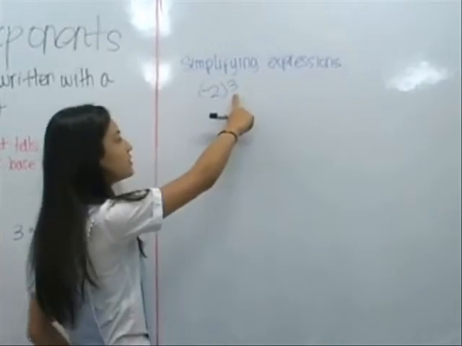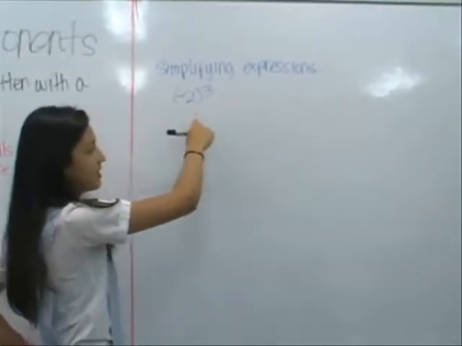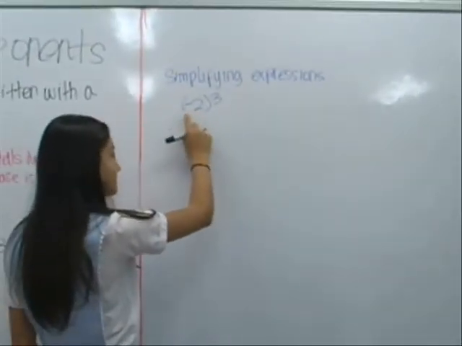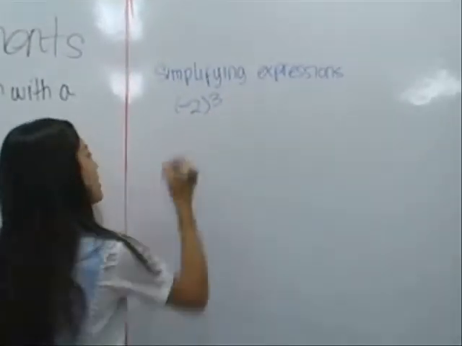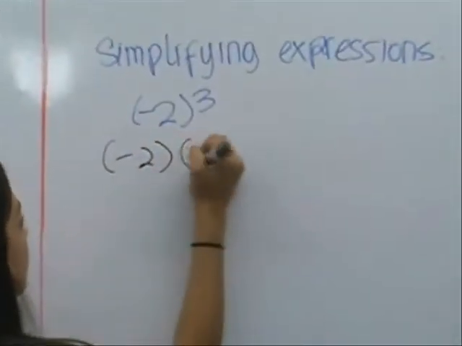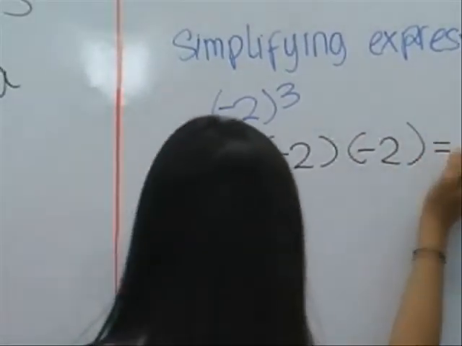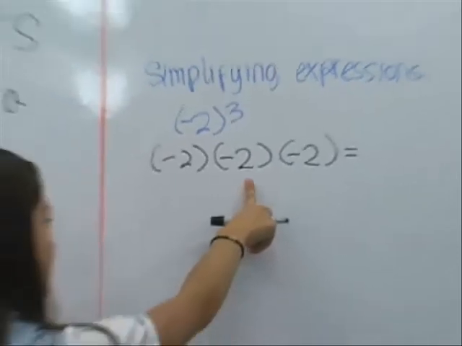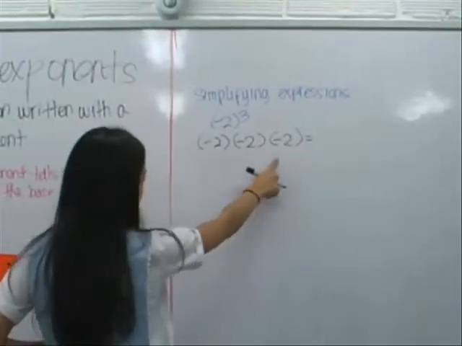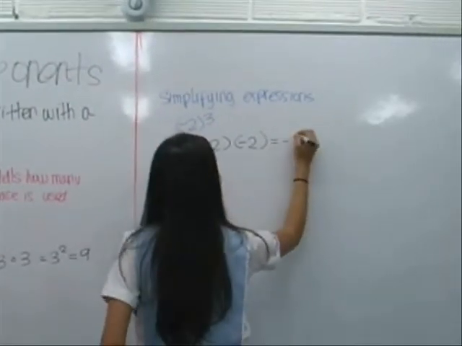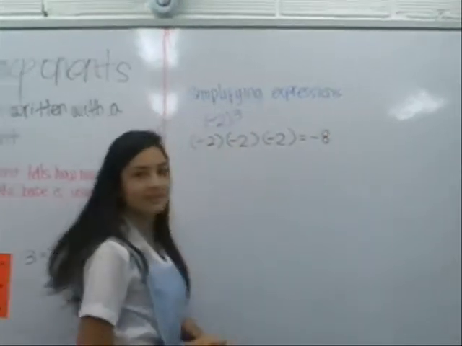Here I have to use the number 2, the term minus 2, 3 times. So 2 times 2 is 4, and 4 times 2 is 8. So the result is minus 8.